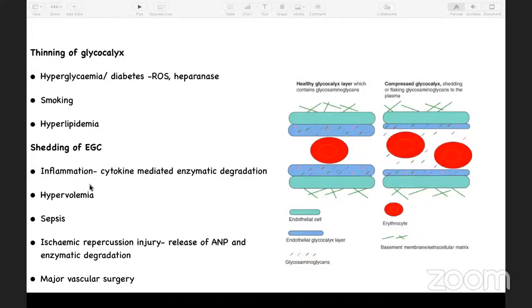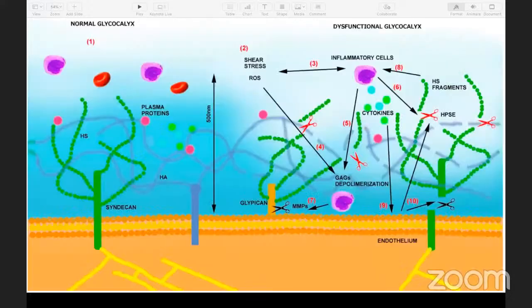Inflammatory states with cytokine release and enzymatic degradation, ischemic reperfusion injury with release of ANP from the right heart, and also major vascular surgery going above 6 hours have been shown to damage the glycocalyx. This will just show us a normal glycocalyx and a damaged glycocalyx.